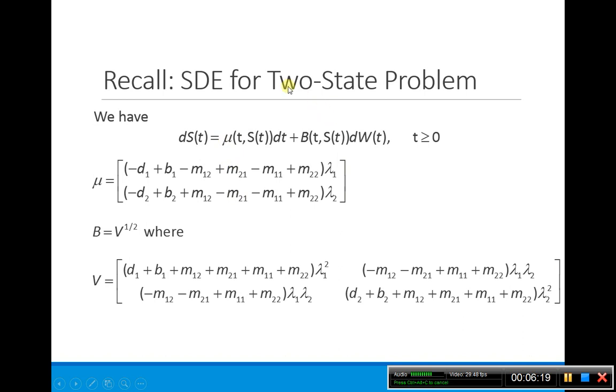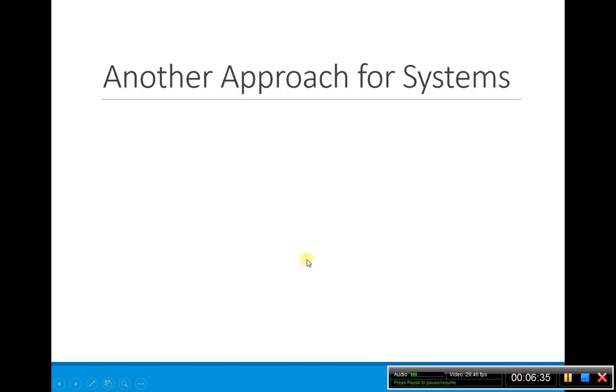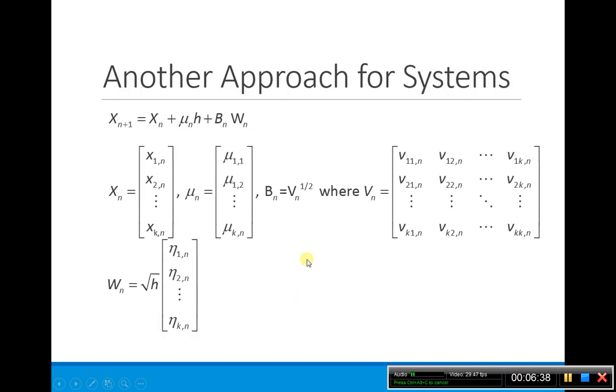So this was a normally distributed random number. So now just to look back at our two-state problem, this is the two-state problem that we derived. So here now we have two different states. Our mu is a vector now, and our v is a matrix. So one way we can do this is we can say our xn plus 1 is our xn plus our mu n h plus our bn wn.